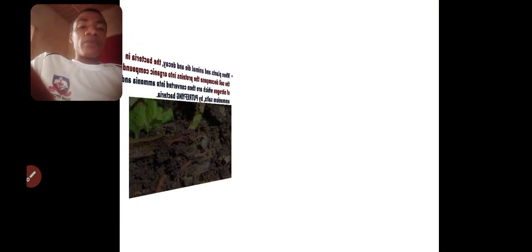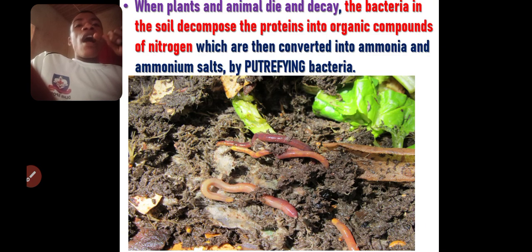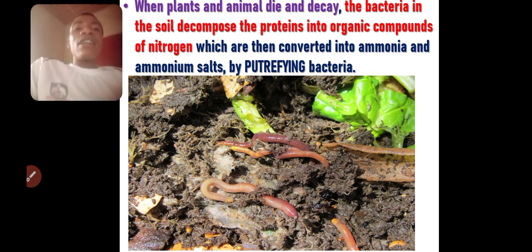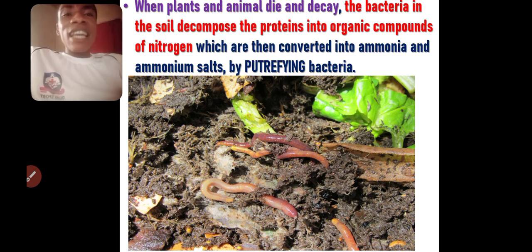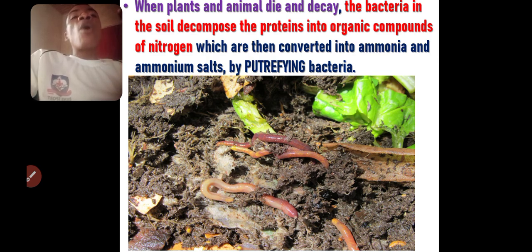Also, when plant and animal die and decay, there are bacteria in the soil that help us to decompose this dead, decayed organic matter and convert them into organic nitrogen compounds. These nitrogen compounds are then converted into ammonia and ammonium salt by putrefying bacteria. You call them putrefying bacteria.